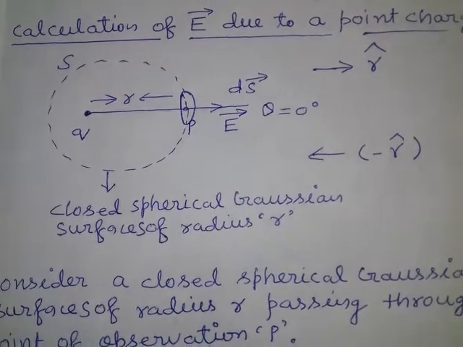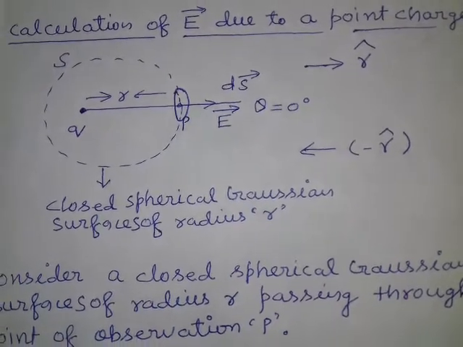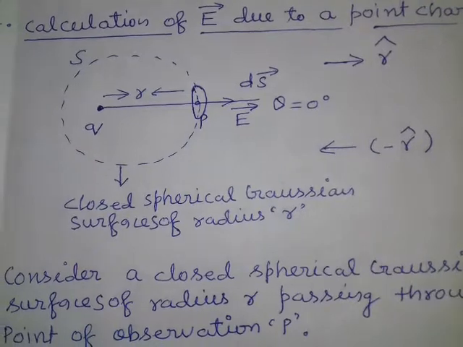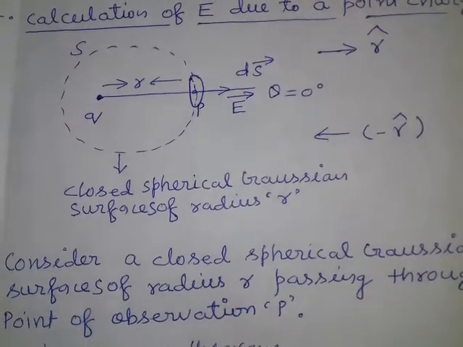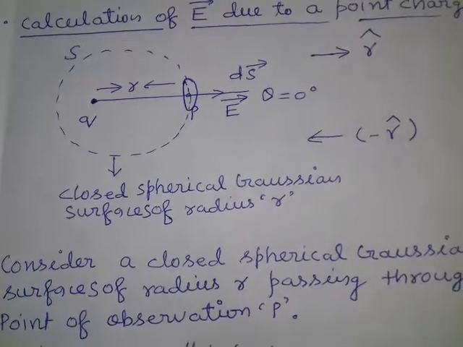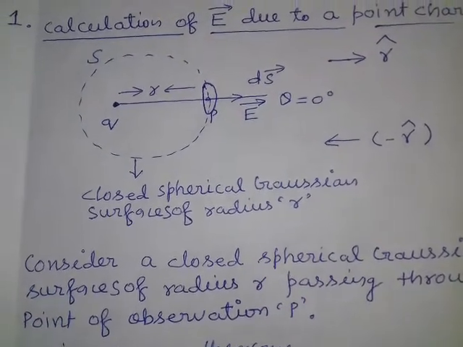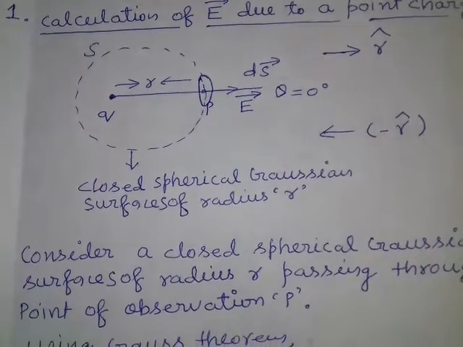Unit vector r cap pointing along the positive x direction represents the direction of electric field away from the source charge plus q, and minus r cap represents the direction along the minus x axis, representing the direction of electric field due to the negative point source charge.